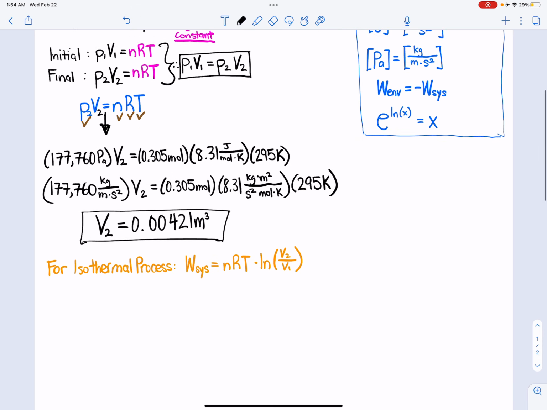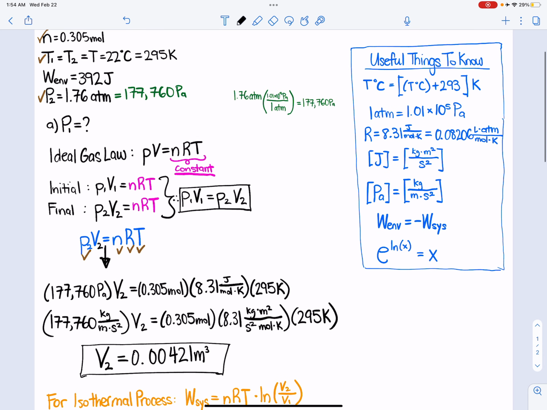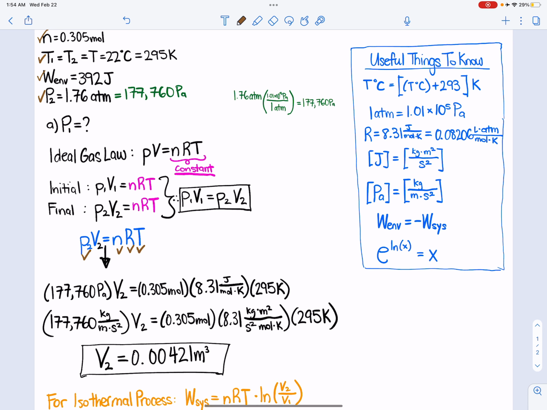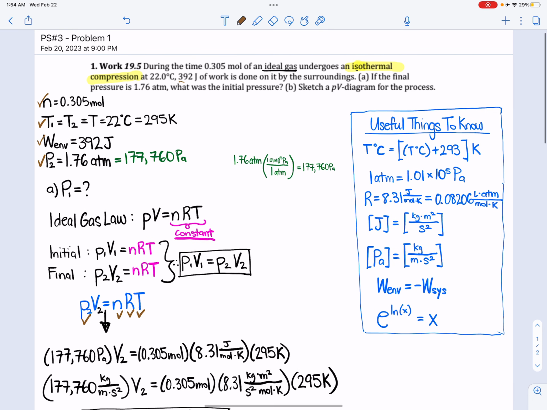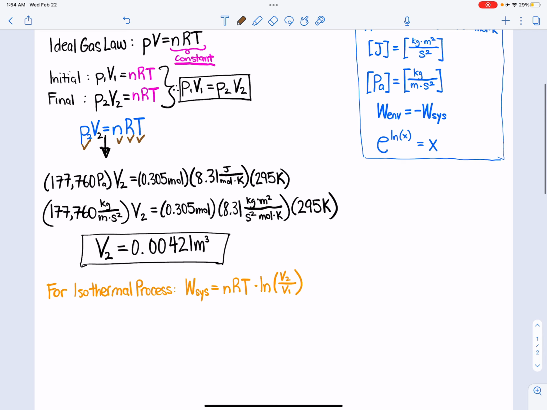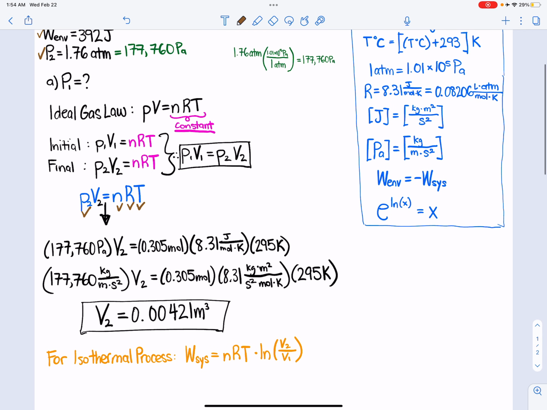So what is my work done by the system? I know the work done by the environment, right? That's given right here. And given in the equation, 392 joules of work is done on it by the surroundings. So I know that work done by the environment is equal to the negative work done by the system. So I have my work done by the system is negative 392 joules.